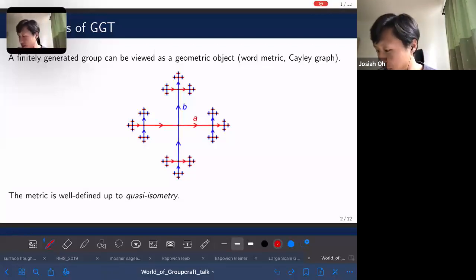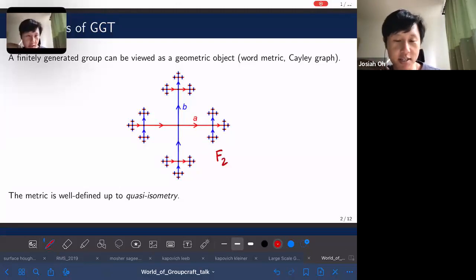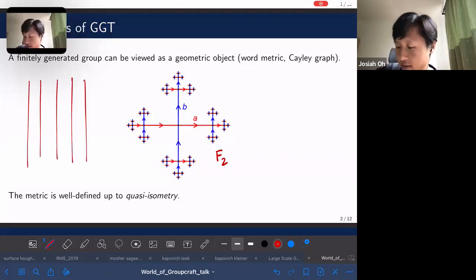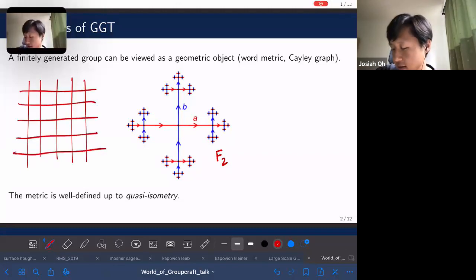Here's an example. This is supposed to be the Cayley graph of the free group of rank 2. Despite the way it's drawn, all edges are supposed to have length 1. And maybe I'll also quickly sketch the standard Cayley graph for Z squared. Yeah, it looks like the integer grid.